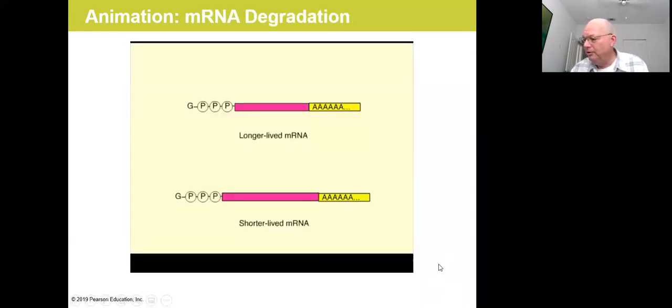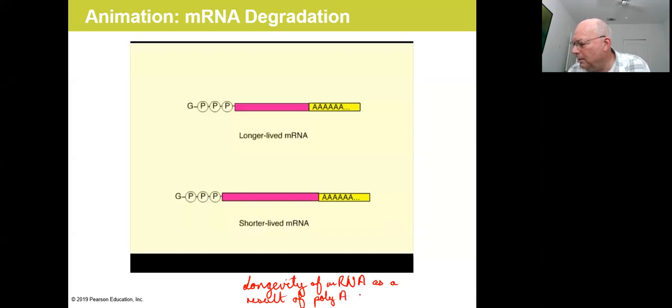And then this animation looks at the longevity of the mRNA as a result of the poly-A tail.